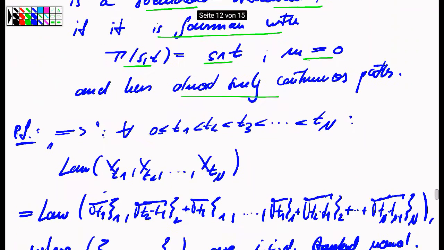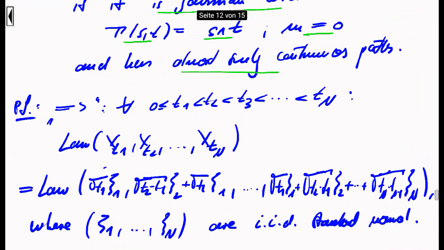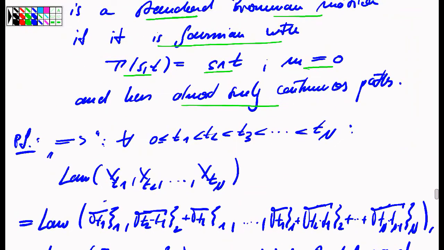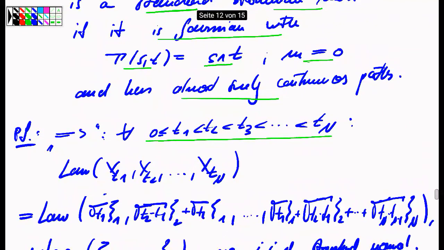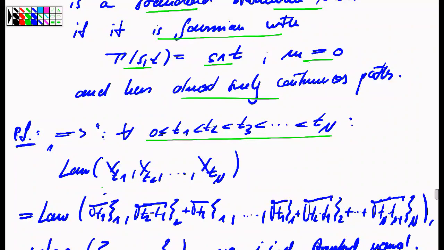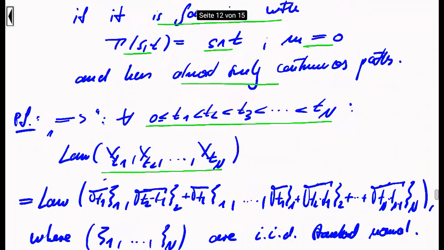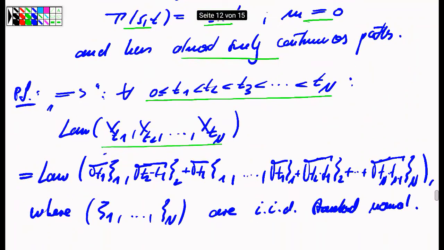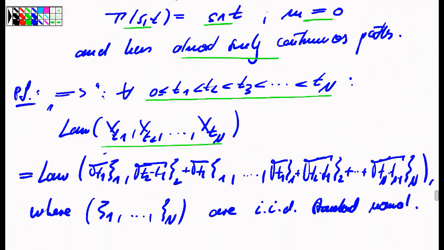Okay, why is this true, that this is an equivalent description? Well, let us first show that a Brownian motion is in fact a Gaussian process. Of course, we want to check the finite dimensional distributions. That's what we need to check for the Gaussianity. So we ask, what's the law for a finite collection of time points if we evaluate the Brownian motion at those time points simultaneously?